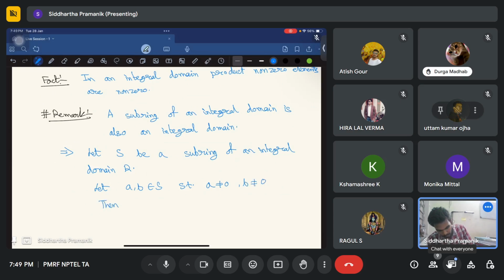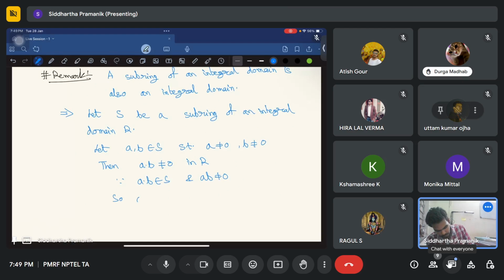Then a times b is non-zero in R, and since a times b is in S and this product is non-zero, a, b cannot be zero divisors, because these elements are arbitrary non-zero elements, and I am taking the product of arbitrary non-zero elements and getting a non-zero product.